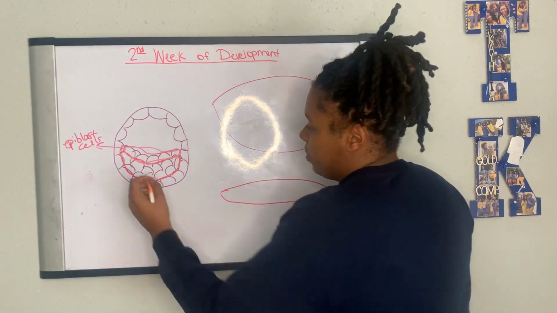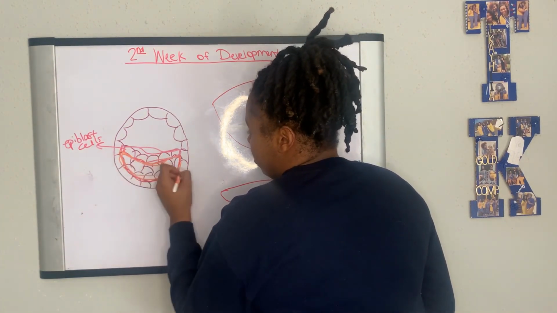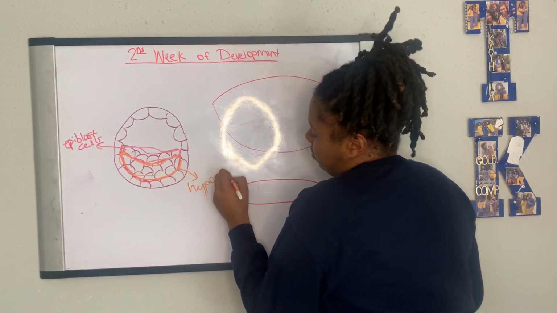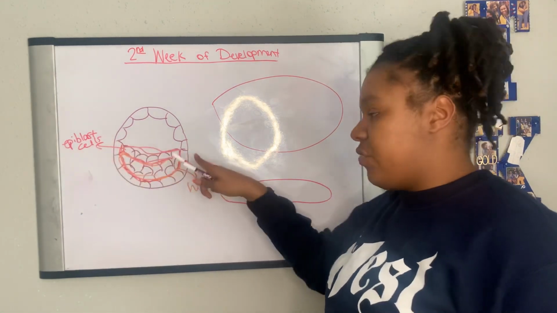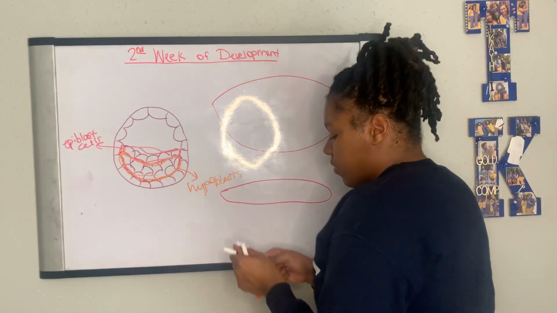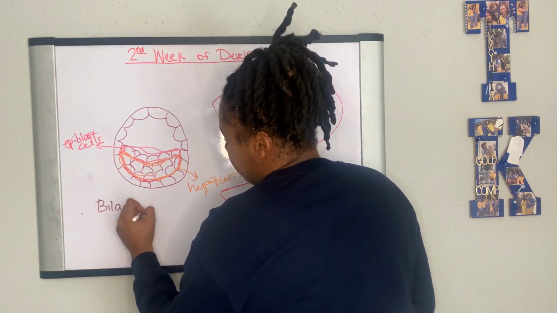And these cells on the bottom, over here, all these cells are going to be hypoblast cells. The differentiation of the epiblast cells versus the hypoblast cells, that process is called forming your bilaminar plate.